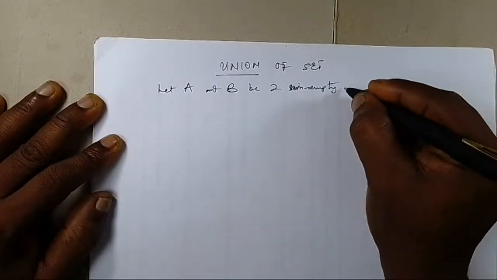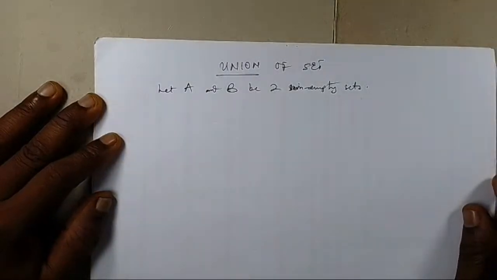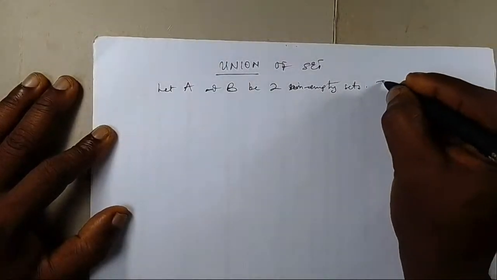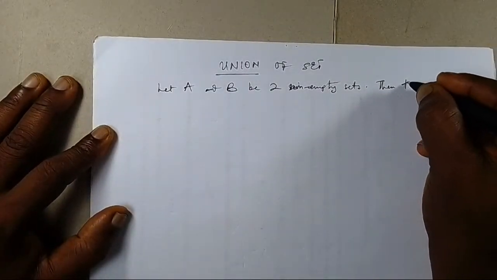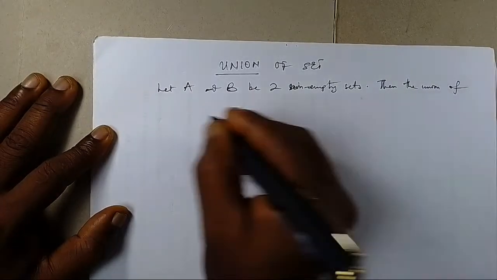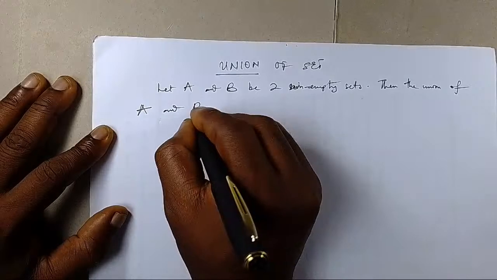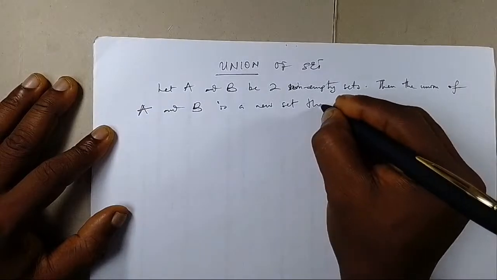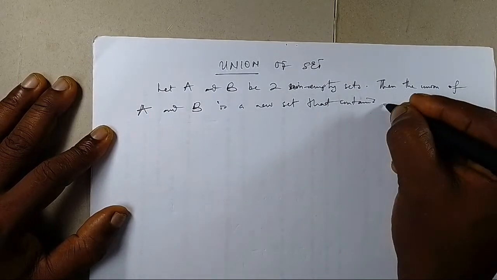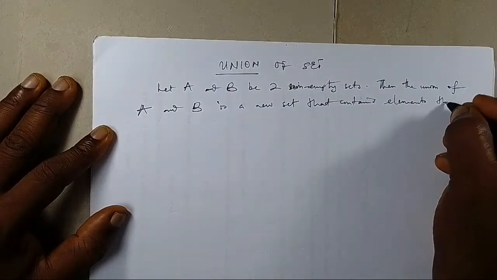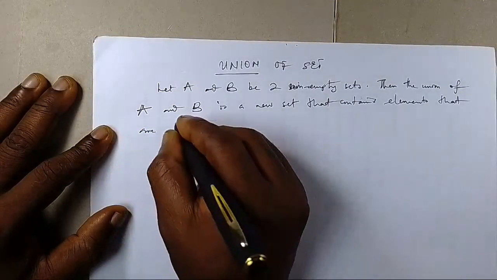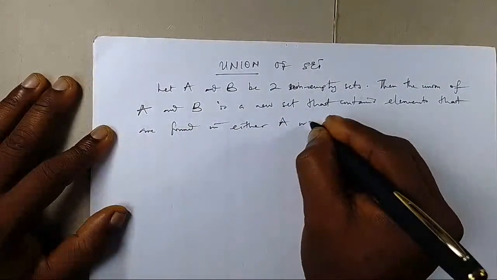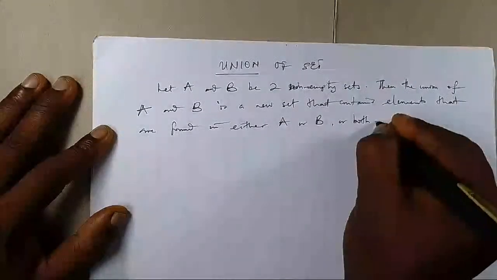Now, if A and B are two non-empty sets, then the union of set A and set B is a new set that contains elements that are found in either A or B or both of them.